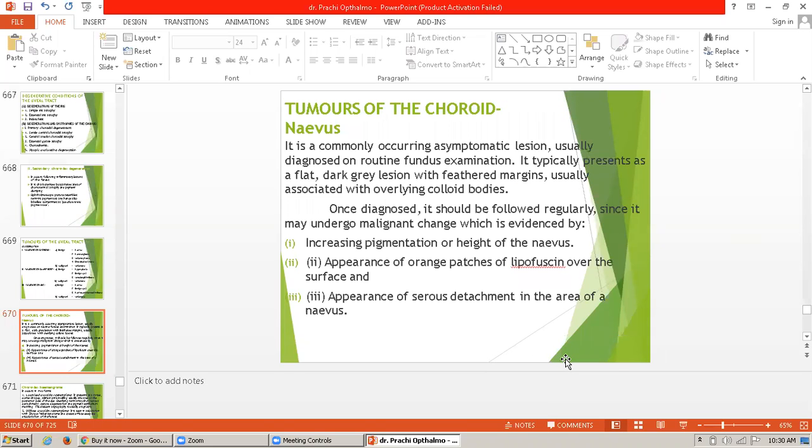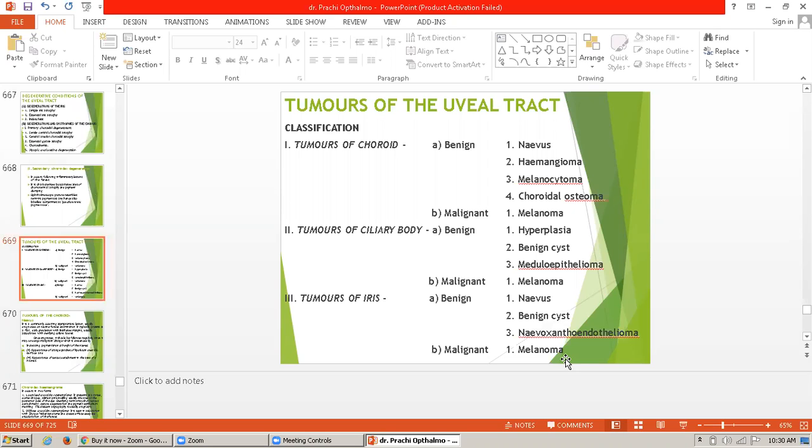So these are the types of tumors of the uveal tract.